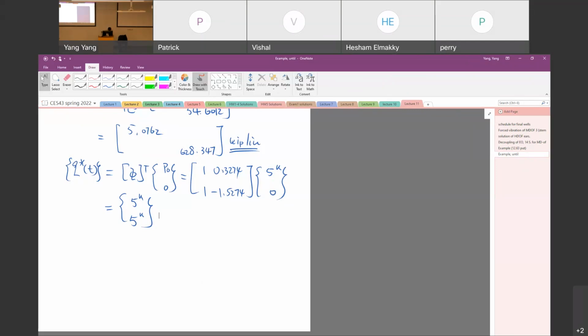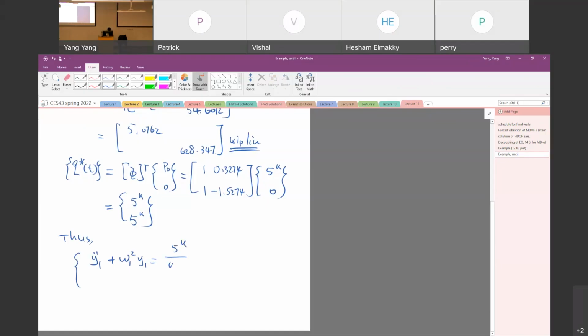So that means that we should be able to have the decoupled equations.